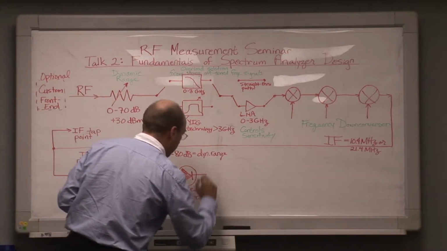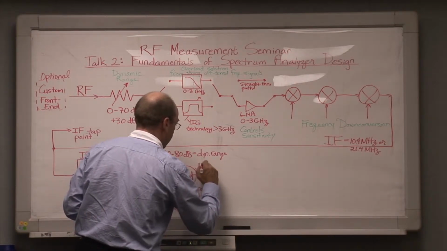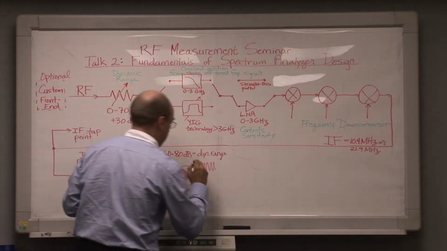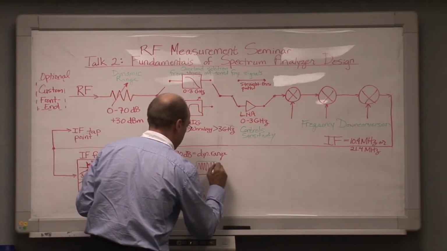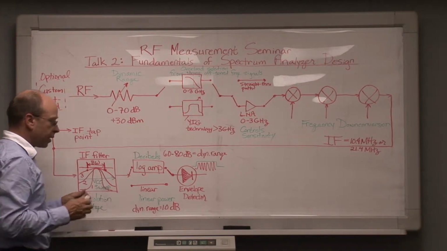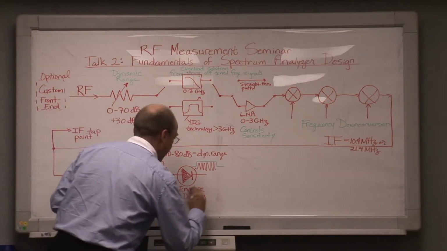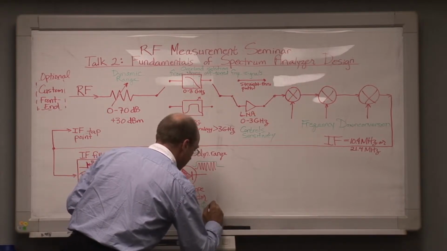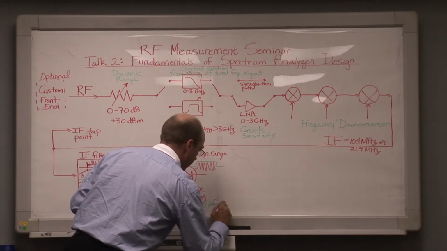It converts the RF waveform, which might look like this, into an envelope which will look like that. And it is at this stage that we in fact lose phase information in the waveform.